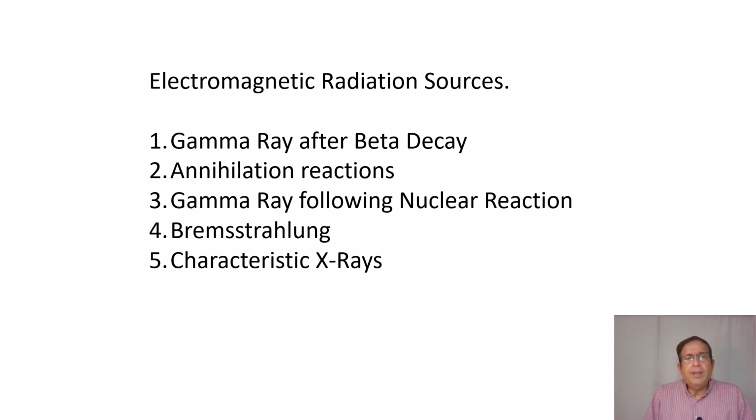Then of course you have characteristic X-rays which come out by atomic transitions between the different atomic shells, like the transition from L shell to the K shell or M shell to the L shell. So during those transitions, X-rays can be produced.